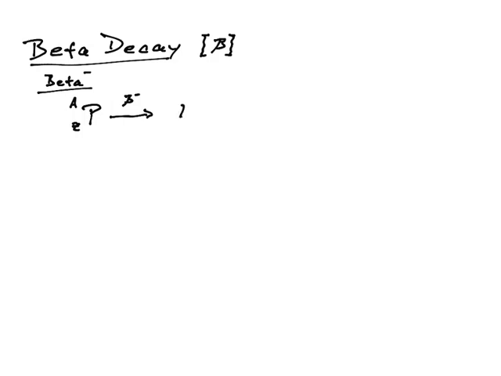We're going to get a daughter. And then there's two extra things we get. First thing we get, if this is beta minus, is an electron and an electron antineutrino.